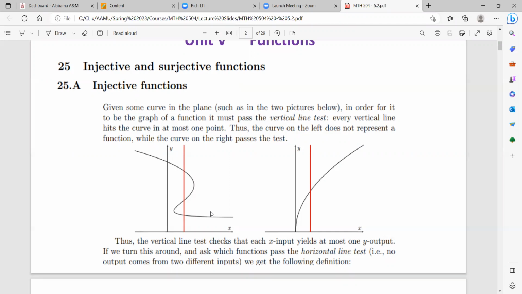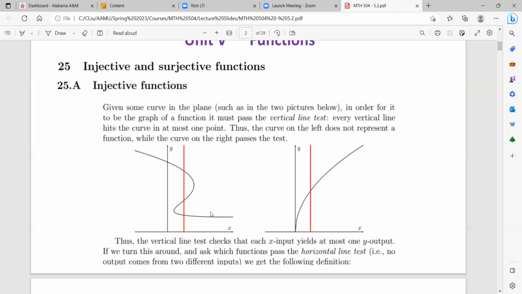And there's another test called the horizontal line test, and you probably know it. That's to determine whether a function is one-to-one or not. Namely, if the curve intersects any horizontal line at most one point, then we call the function one-to-one. Otherwise, it's not one-to-one, and that's easy to understand.